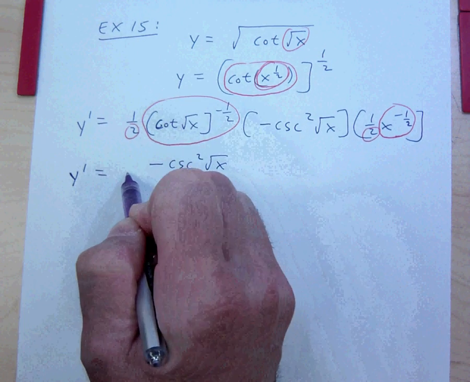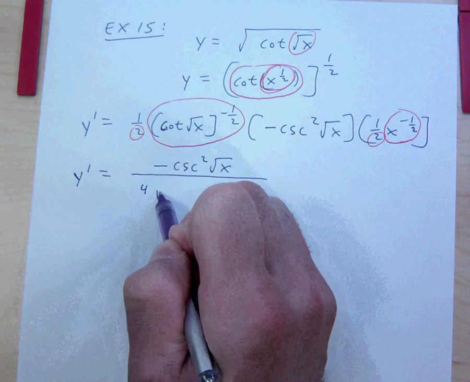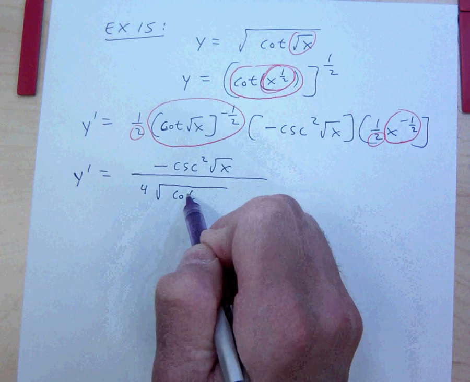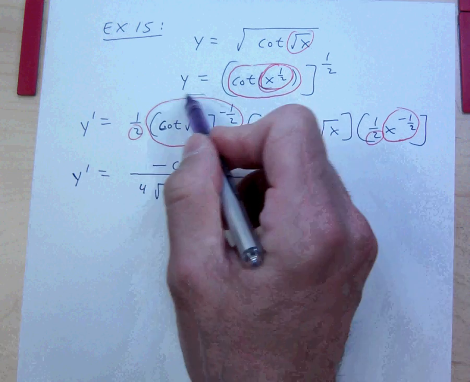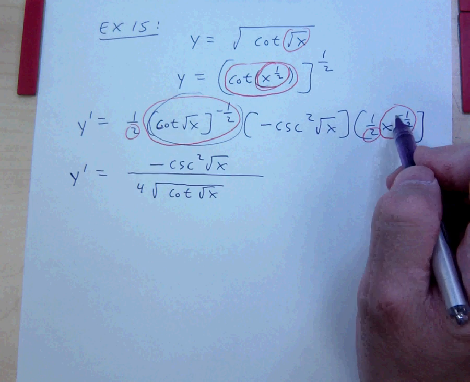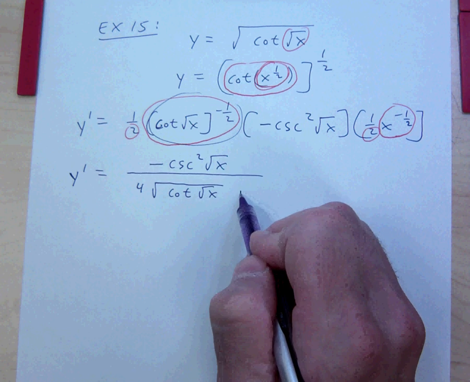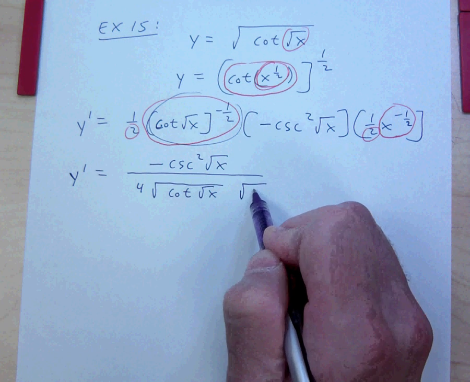And then on the bottom, the 2 and the 2 give me a 4. And I've got the square root of the cotangent of the square root of x. That was just from that moved to the bottom and then turned back into a square root. And then this goes in the bottom as well. Okay.